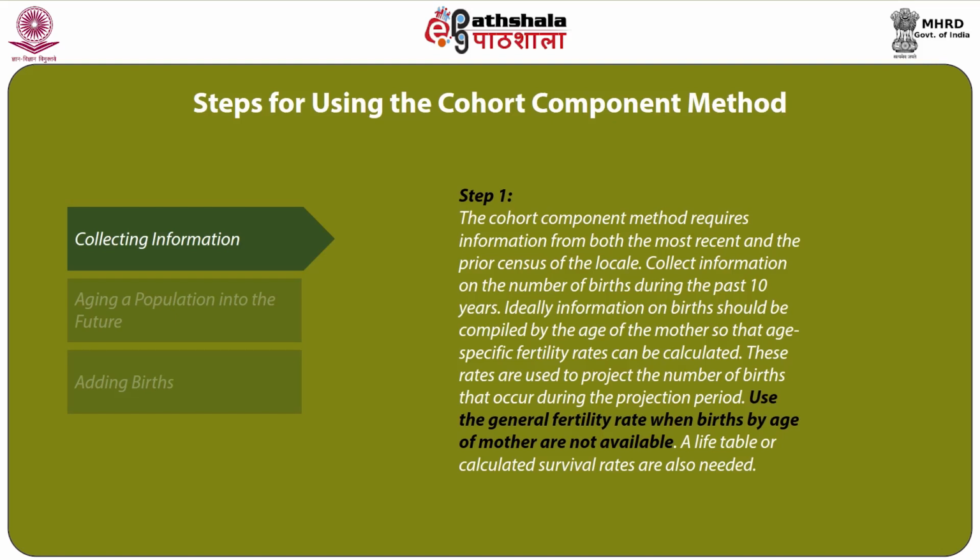Ideally, information on births should be compiled by the age of mother so that age-specific fertility rates can be calculated. These rates are used to project the number of births that occur during the projection period. Use the general fertility rate when births by age of mother are not available. A life table or calculated survival rates are also needed.